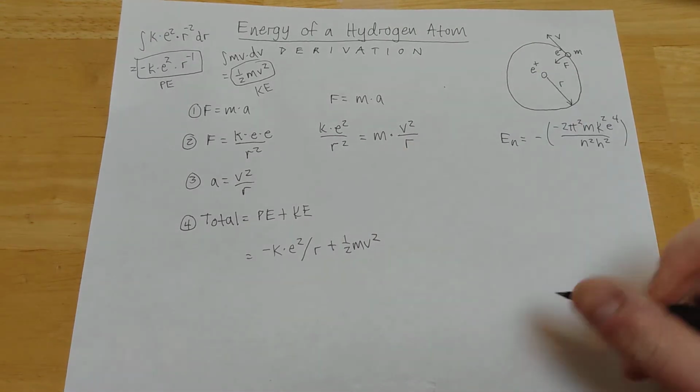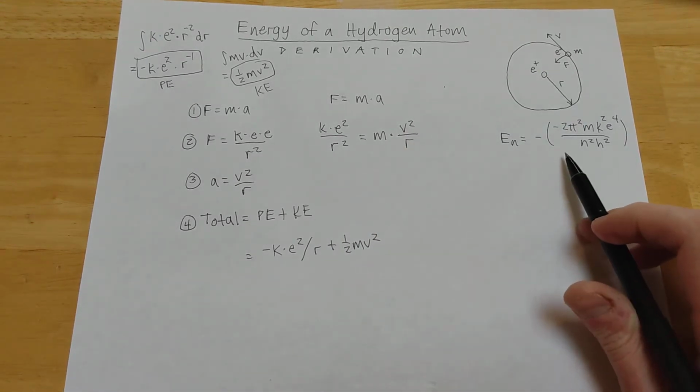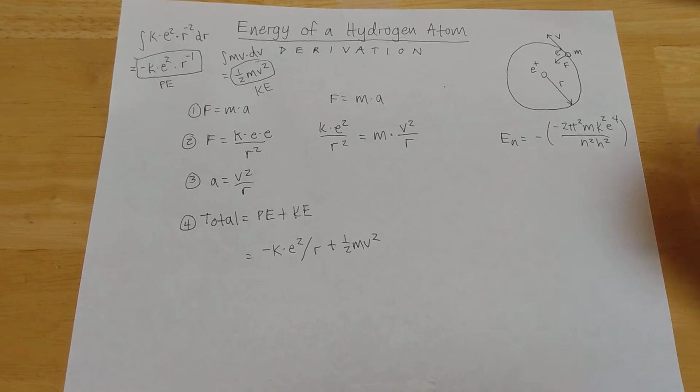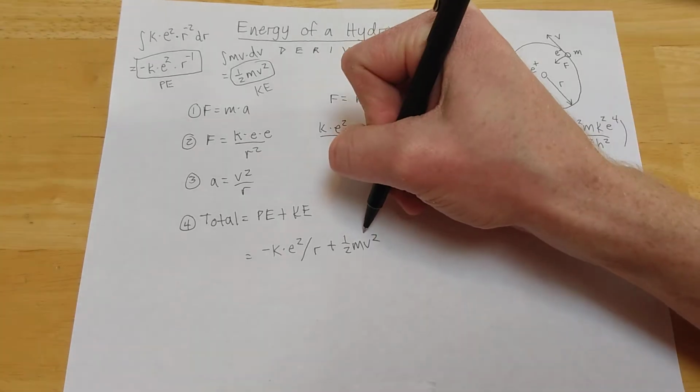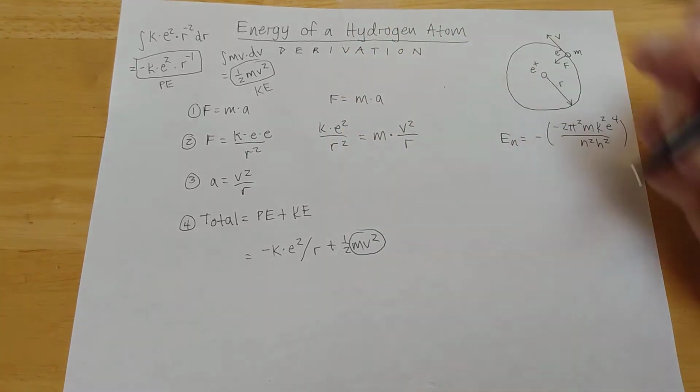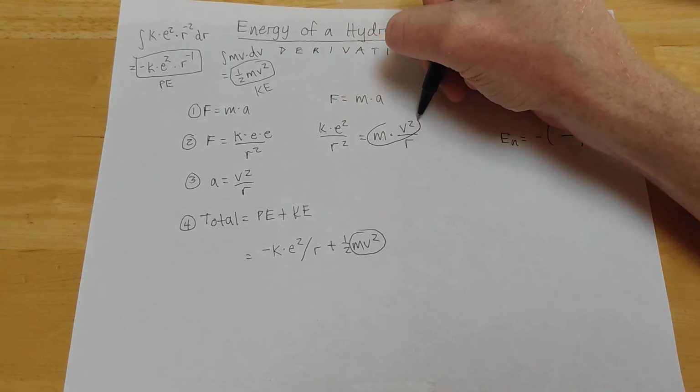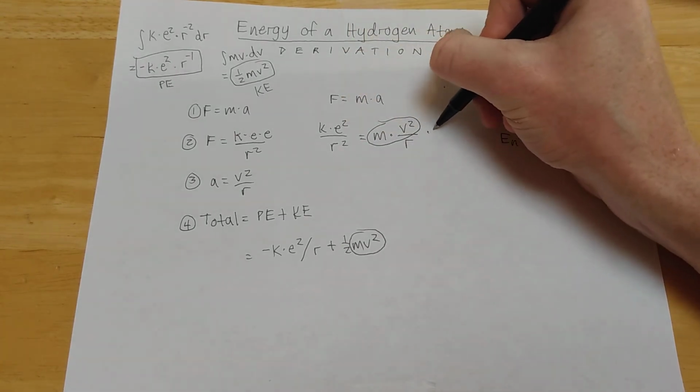Now at this point, if we're trying to get to this equation over here, we notice that there's no velocity. So let's start with that. In fact, we could even identify this whole mv squared right here. Let's multiply that r over.